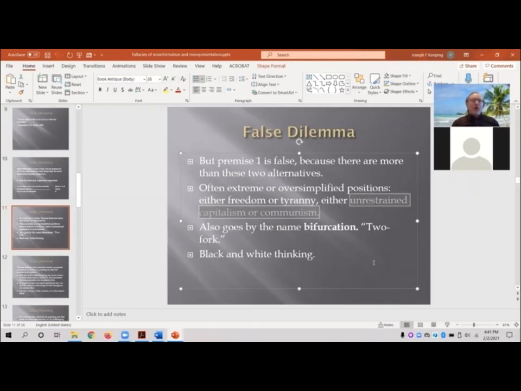We don't have to either have no regulations on businesses, or we have to have communism, which basically means the government owns all of the businesses. There's obviously a middle ground. So when it looks like somebody is oversimplifying something, putting something in the form of extreme positions, that is another hint that the fallacy of false dilemma may be present.